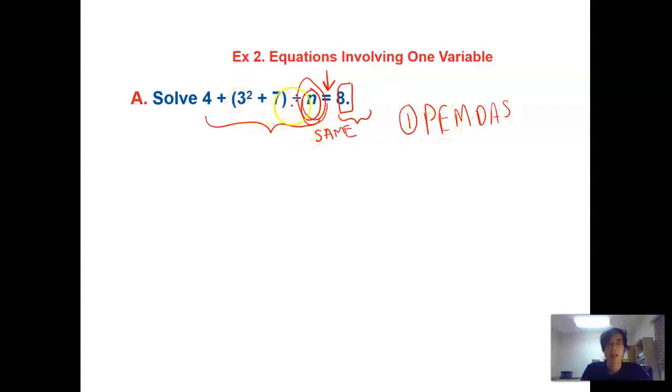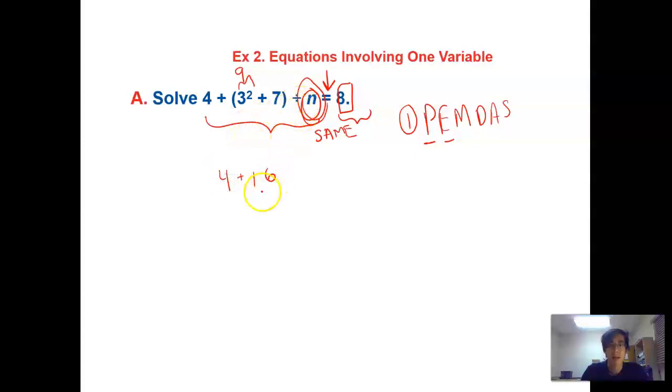Looking at the parentheses, we see that inside the parentheses there are exponents. So 3 squared is 9, and then 9 plus 7 is... not 12, 16.